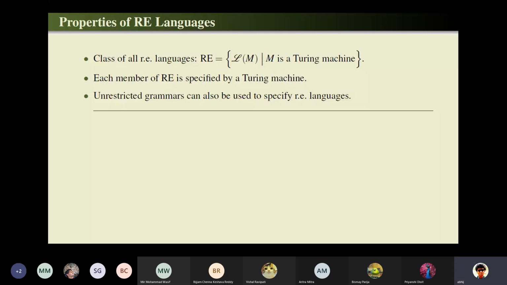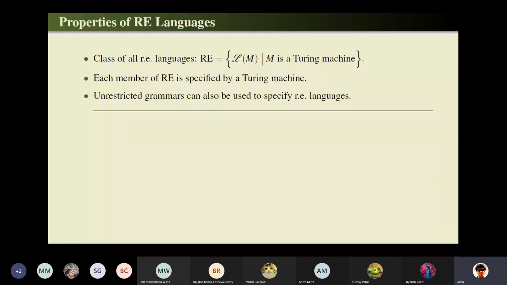Also, without any loss of generality, we can assume that this Turing machine is deterministic. It may have multiple tapes, multiple tracks in its only one tape, things like that we can assume. But henceforth, I will assume that the Turing machine that specifies an RE language is a deterministic Turing machine, possibly multi-tape.